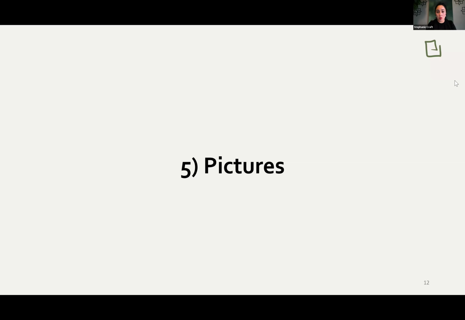Having a really good hero image, that first shot that they see on the listing, is what's going to make people decide to go into the listing and read more about what you have to offer, if it suits their needs, and so forth.